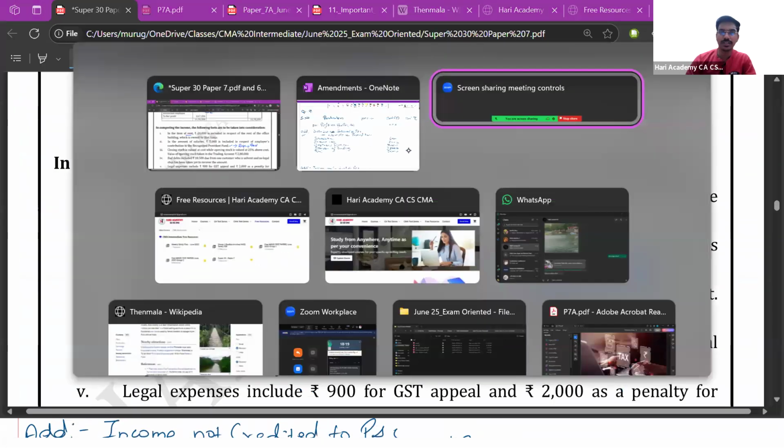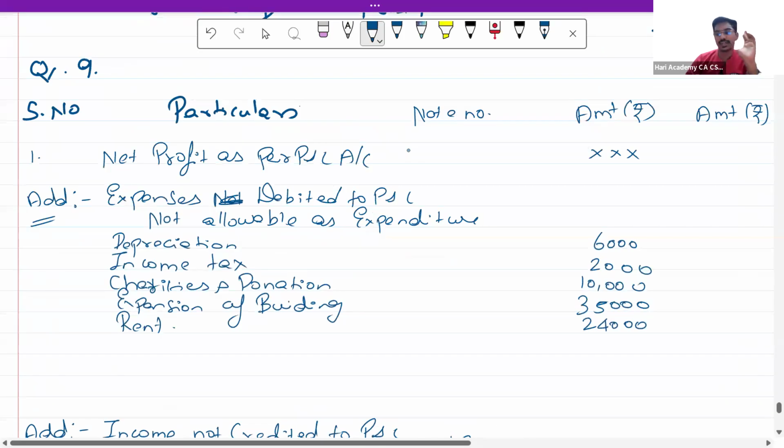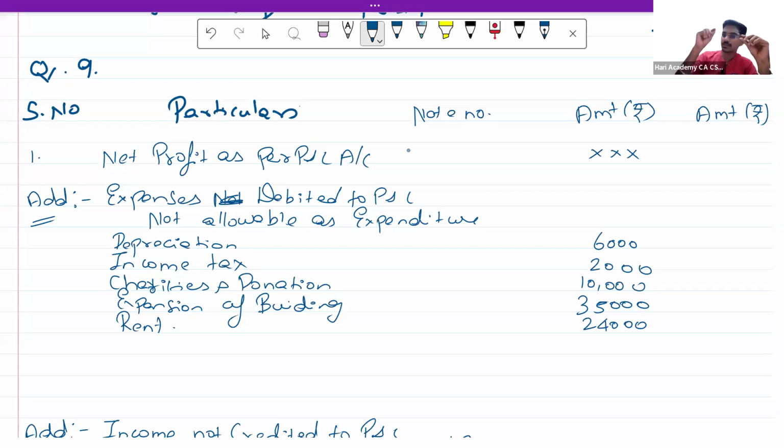Whatever we studied during the +1, +2 stages, we studied the concept of BRS. So what we will do is, we will take the bank account balance as per books of account, and we will reconcile that with the bank account balance as per bank statement. That is the purpose of BRS, right? Now what we are doing is something very, very similar to BRS.